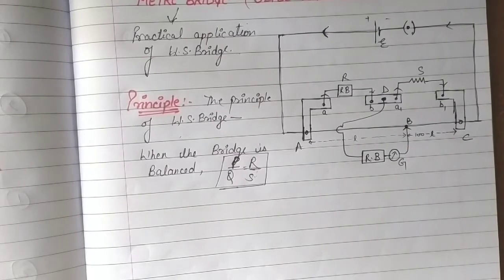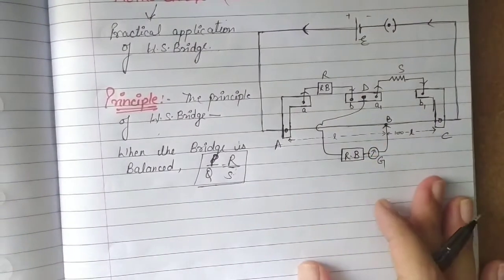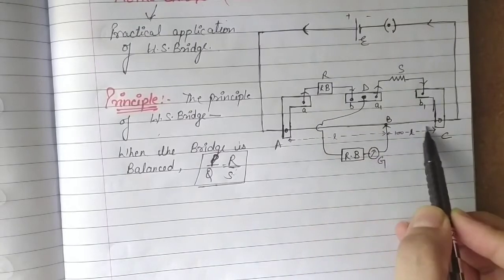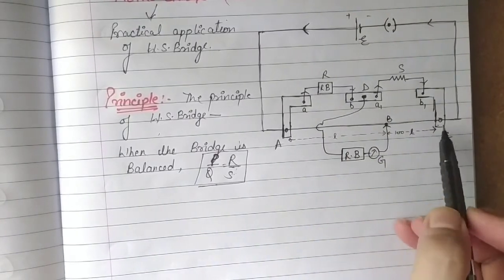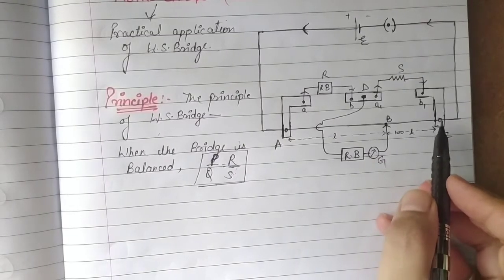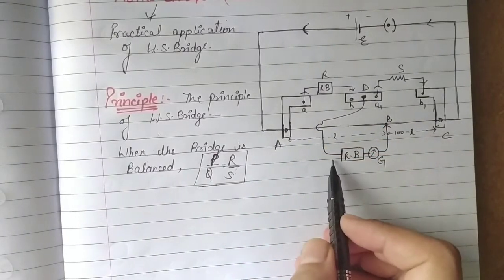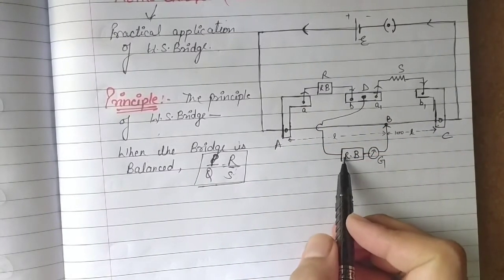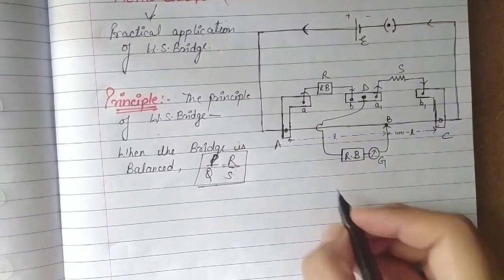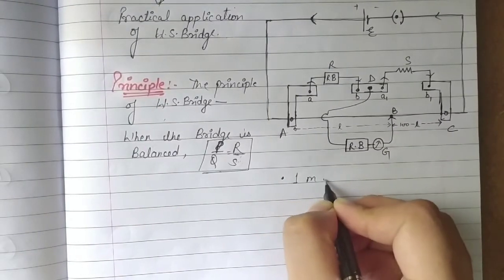It consists of a 1 meter long magnet wire. In the section AC we have a 1 meter long magnet wire. This AC is the magnet wire of uniform cross section, and it is stretched along a meter scale, and the whole setup is fixed over a wooden board, right?